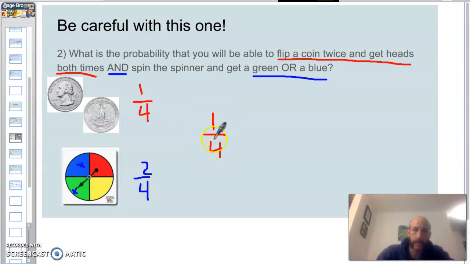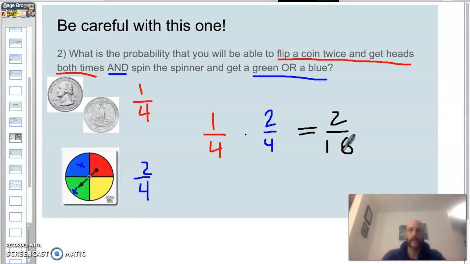The probability of flipping heads twice is 1 out of 4, and the probability of spinning a green or blue is 2 out of 4. Multiply them, and you can see that 1 times 2 is 2, and 4 times 4 is 16. So the probability of flipping the coin, getting a heads, flipping it again, getting a heads, and then spinning the spinner and getting a green or a blue is 2 out of 16.